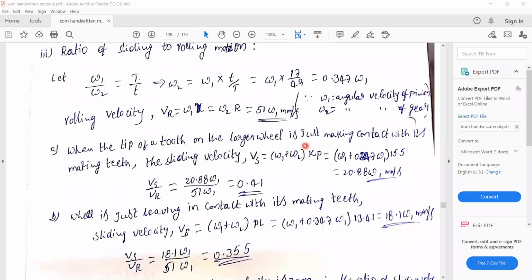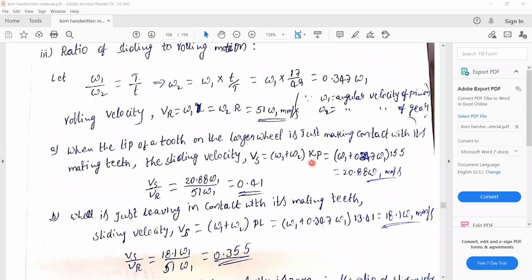Then the sliding velocity Vs equals omega 1 plus omega 2 into Kp.